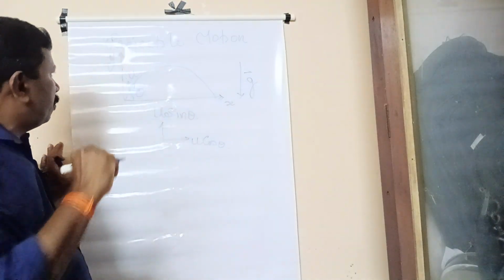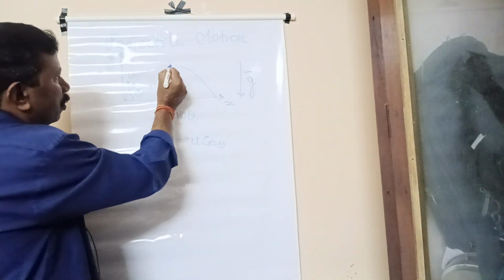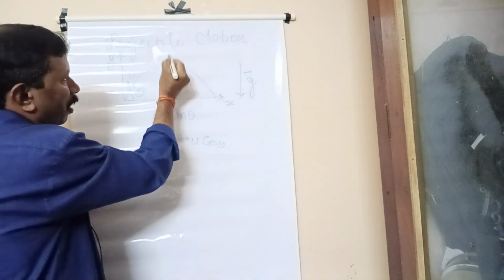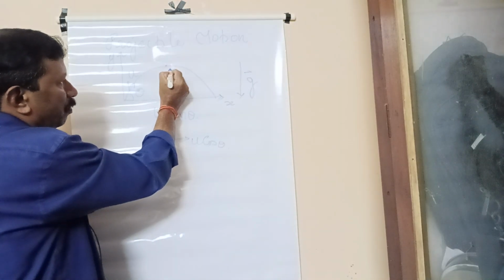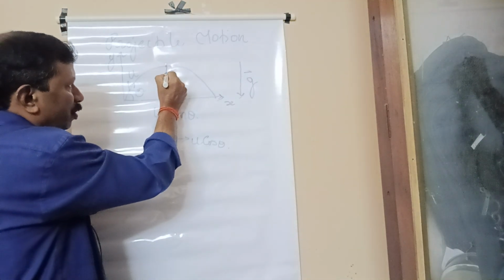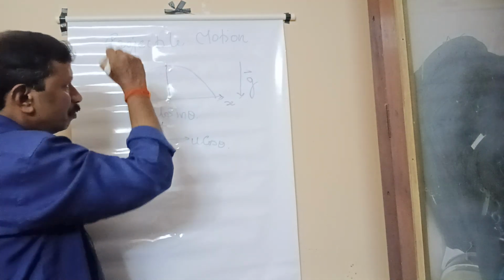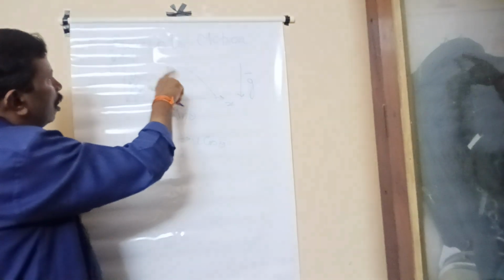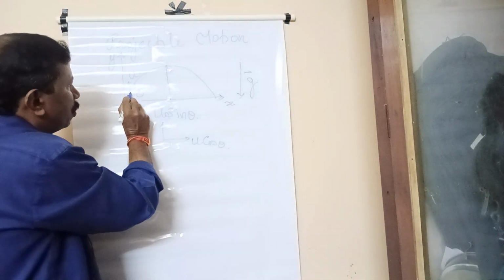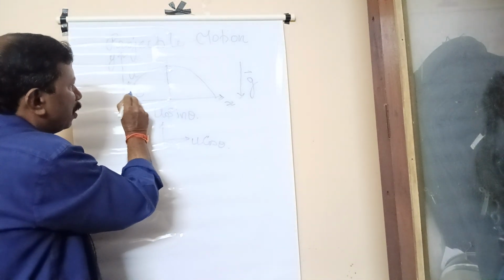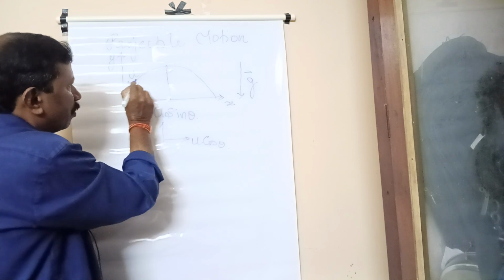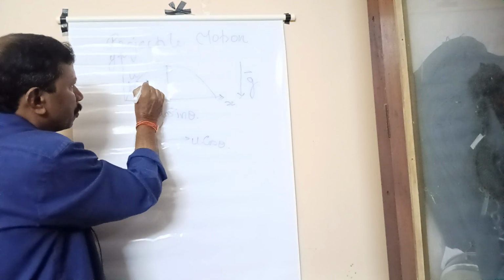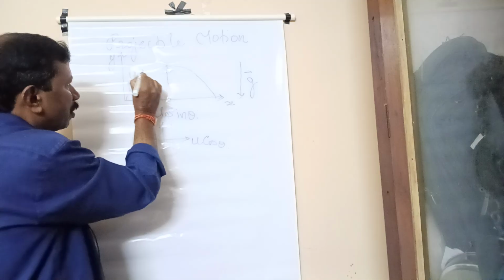Suppose this is the maximum height the particle reaches. At every point there is a horizontal velocity and a vertical velocity.